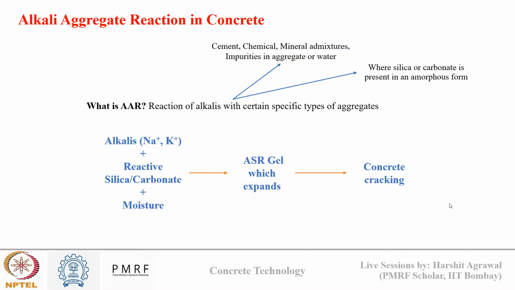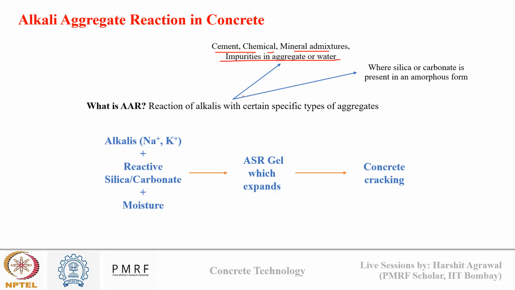Now, after acid attack comes alkali aggregate reaction. So what is alkali aggregate reaction? It is a reaction between alkalis and certain specific types of aggregate. Here the alkali comes from the different individual components of concrete like cement, chemical admixture, mineral admixture, or impurities in aggregate and water.